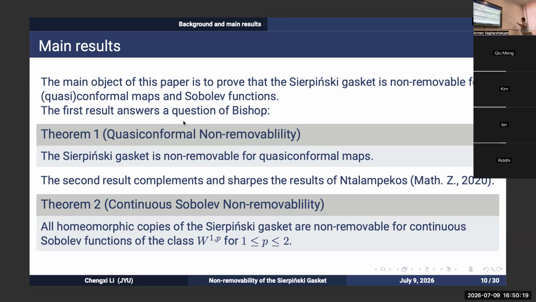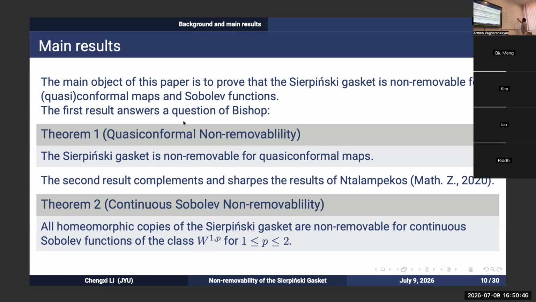So for the W^{1,p} removability, for p larger than 2, it's removable. This is also proven by Ntalampekos in his Math paper.